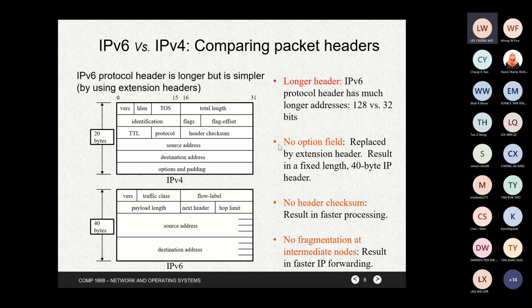We also have done this comparing between the packet headers and between version 4 and version 6. Remember the length, important, the number of bits, and the details inside both headers.